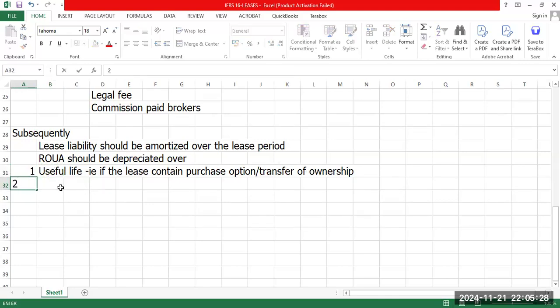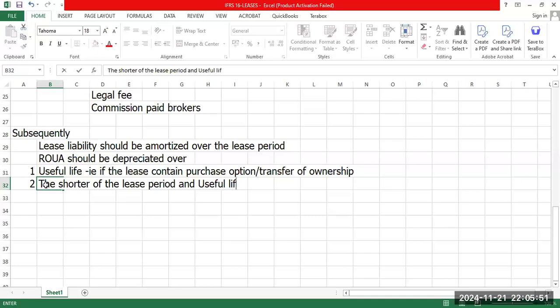Then number two, if there is no purchase option, then we look at the shorter of the lease period and useful life. The shorter.